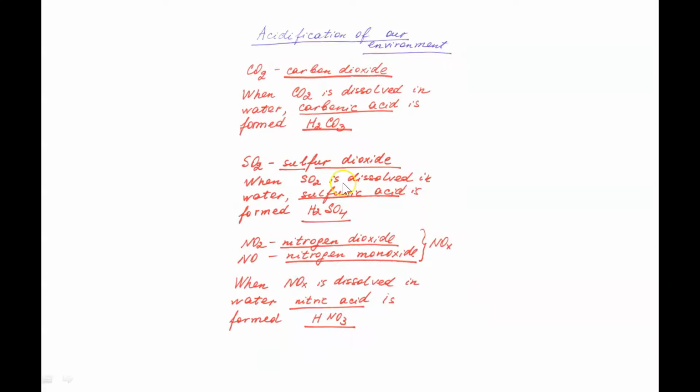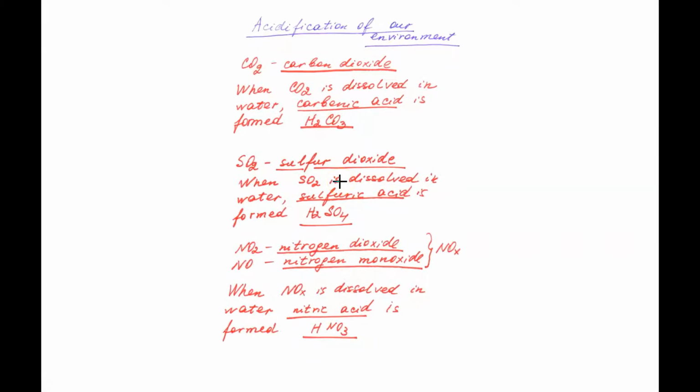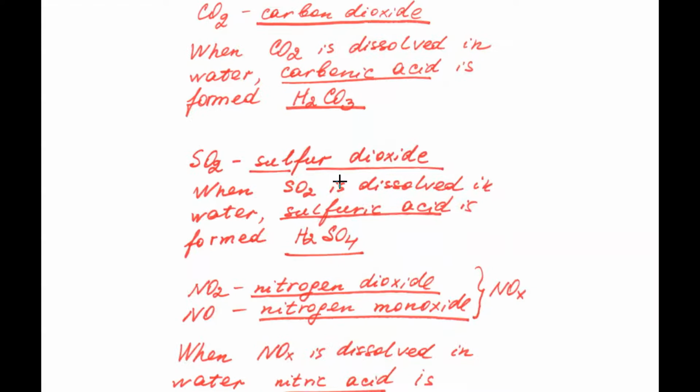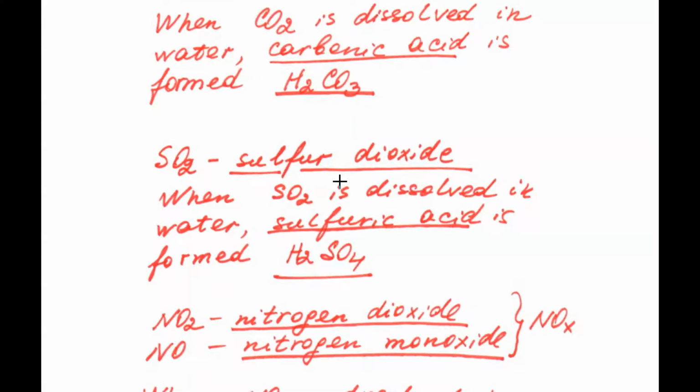Let's take a look at sulfur dioxide first, which is here in the middle of the screen. So SO2 is sulfur dioxide, and it's important to remember that when SO2 is dissolved in water, it actually produces sulfuric acid. So the sulfuric acid formula is H2SO4.